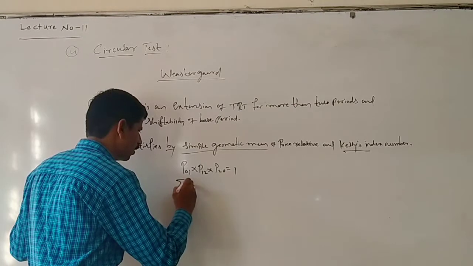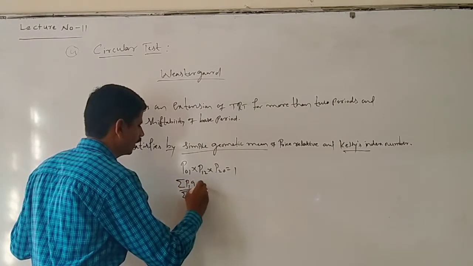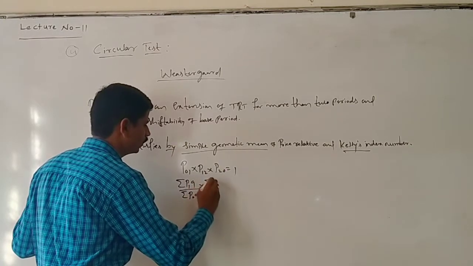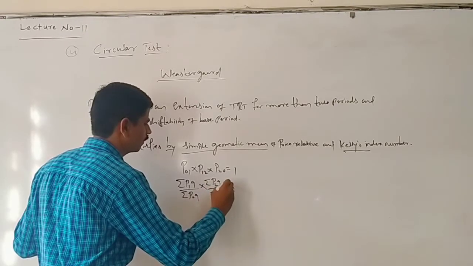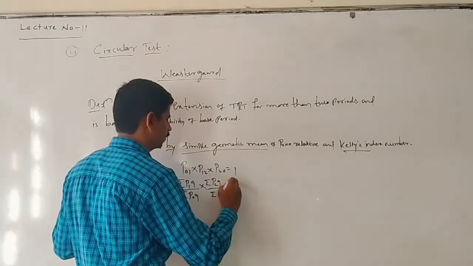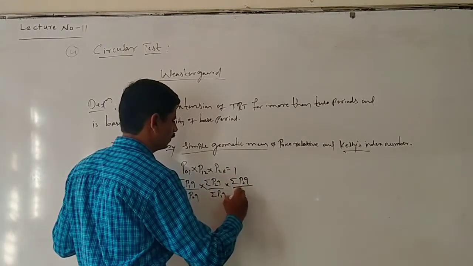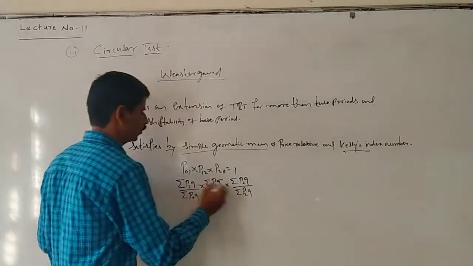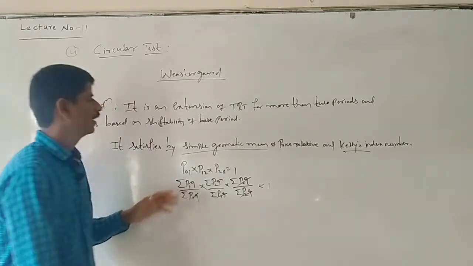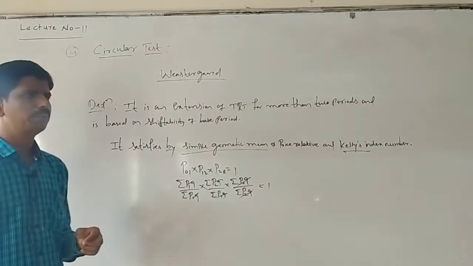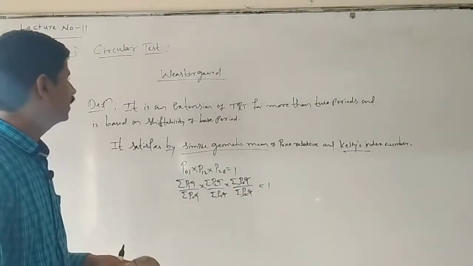P01 means sum of P1Q by sum of P0Q, into sum of P2Q by sum of P1Q, into sum of P0Q by sum of P2Q. P2Q, P0Q, P1Q cancel. It is equal to 1. Hence, Kelly's price index number satisfies the circular test.